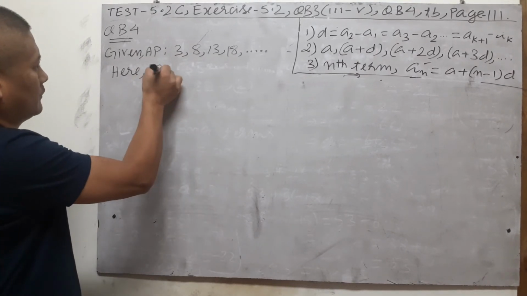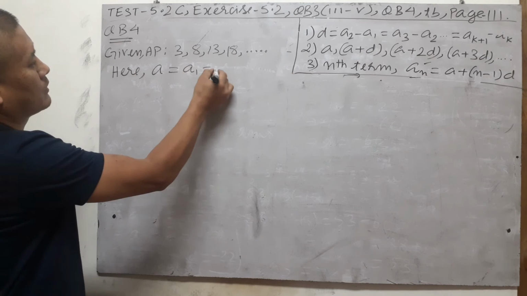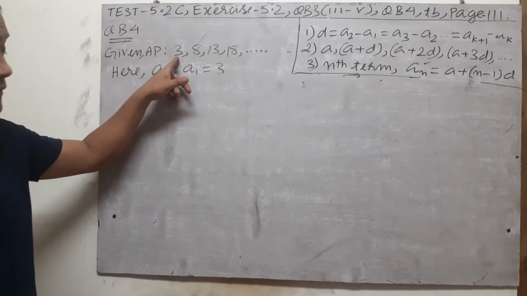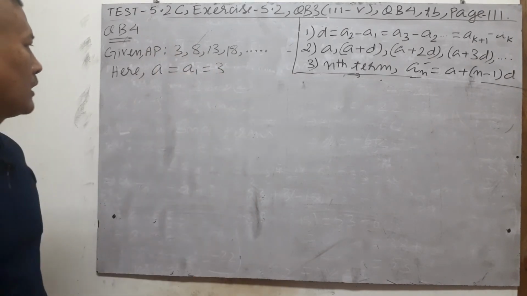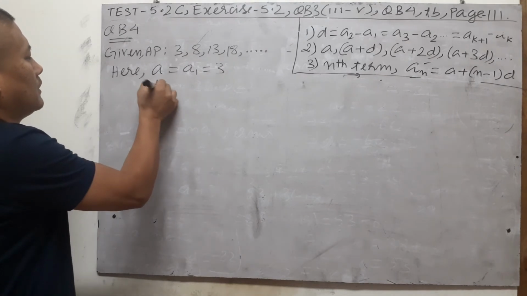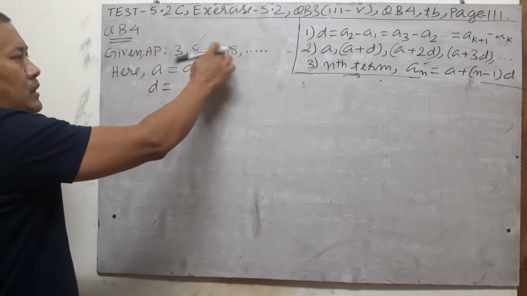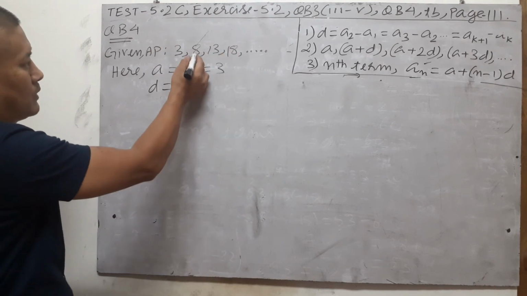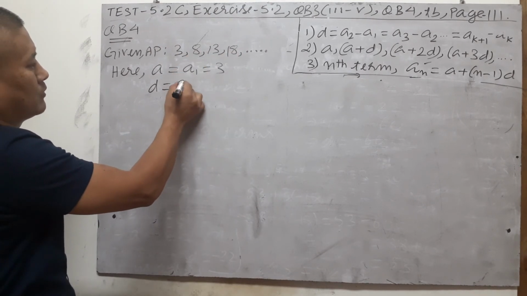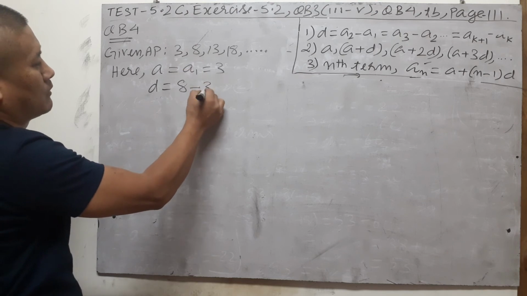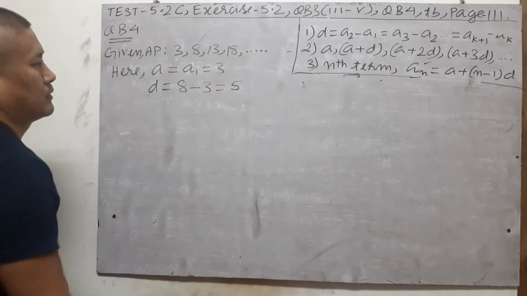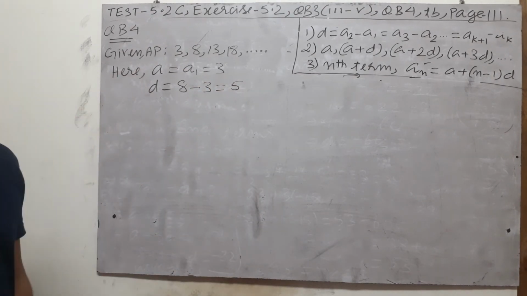First term A or A1 is equal to 3. This first number in the series is called A or A1. And D is second minus first, or third minus second, or fourth minus third, whatever you like, it will come out the same. So A2 minus A1 is 5. So we have both A and D.